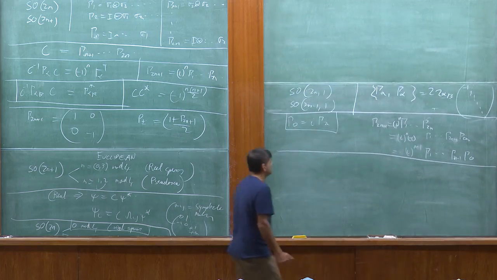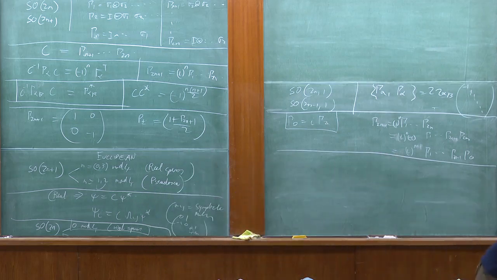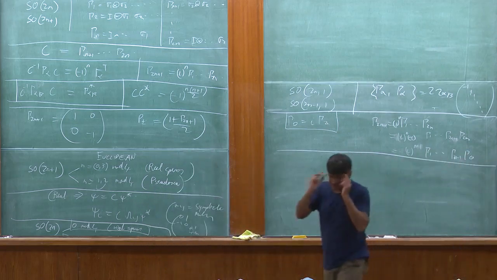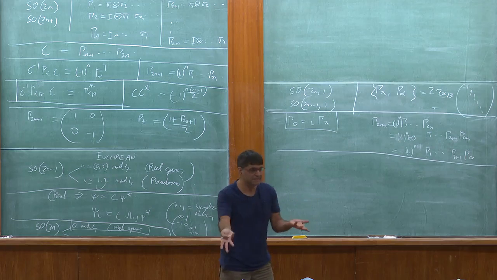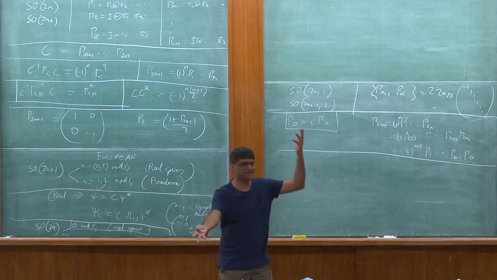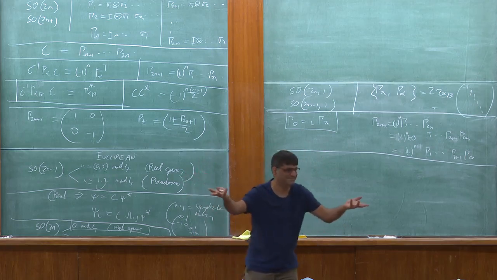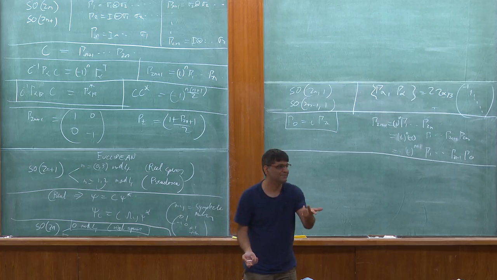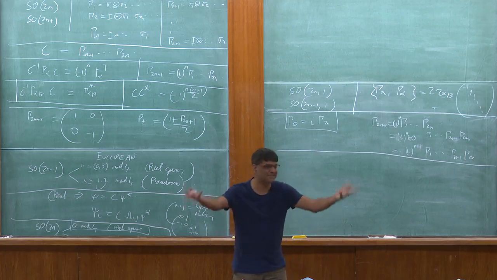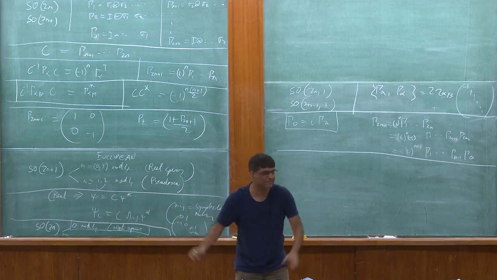So, we could either change our definition of C or not by an extra factor of I. It will make very little difference. You remember that every good property of C had to do with either C inverse, one factor of C and one factor of C inverse, or C star. In either of them, multiplying C by I doesn't change either C times C inverse or C star. Is this clear?